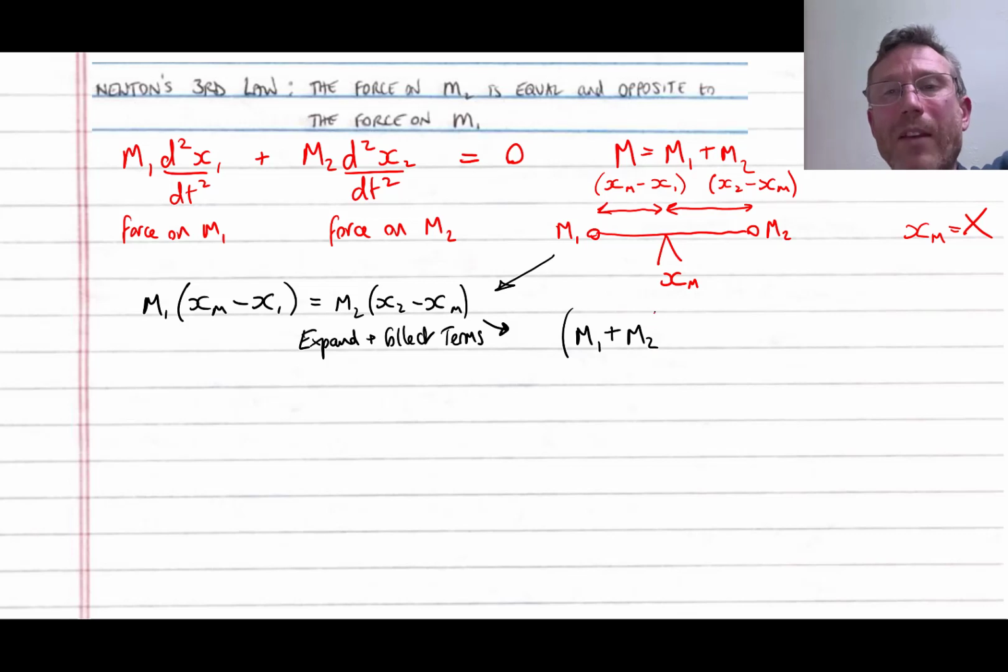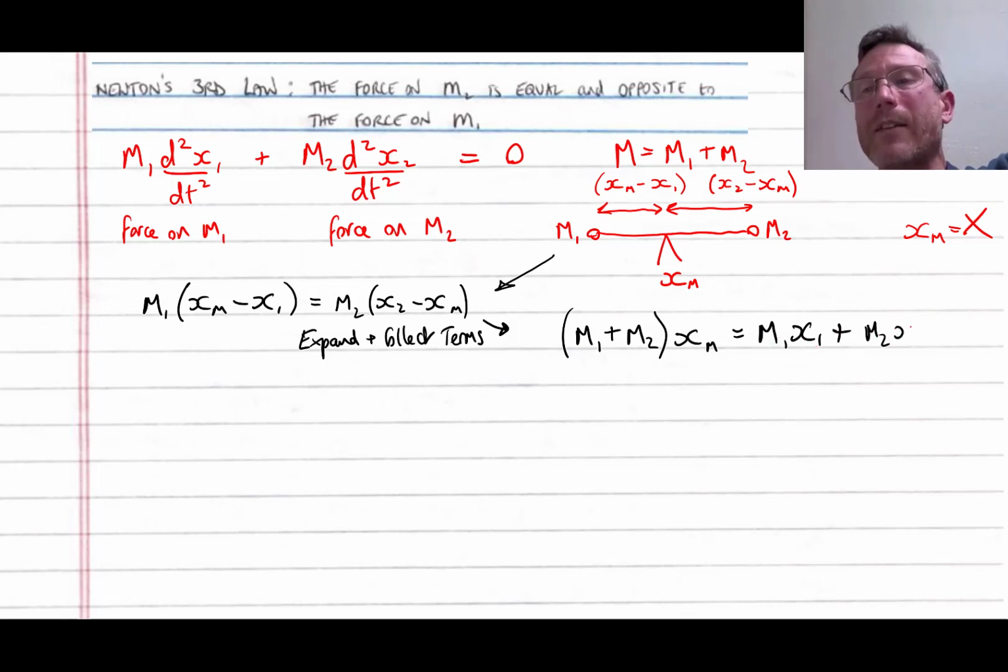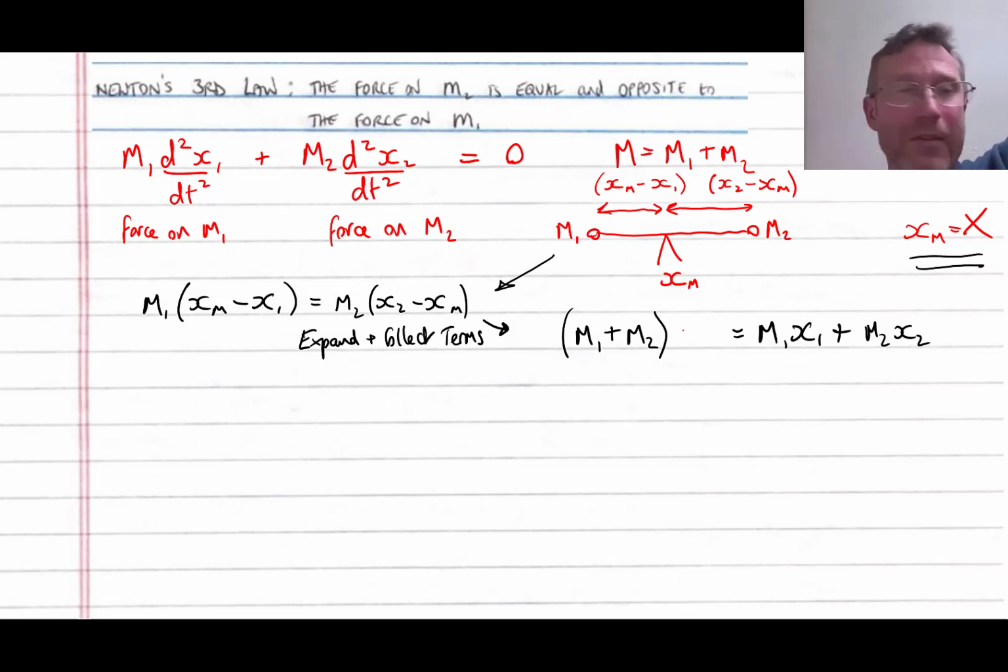So when we expand those brackets and bring everything over, we get m1 plus m2 multiplied by xm equals m1 x1 plus m2 x2. This is where now I'm going to remind you of what I said earlier. I'm going to say x sub m, we're going to call capital X. Let's replace this in here with the capital X, and let's rewrite this expression now.